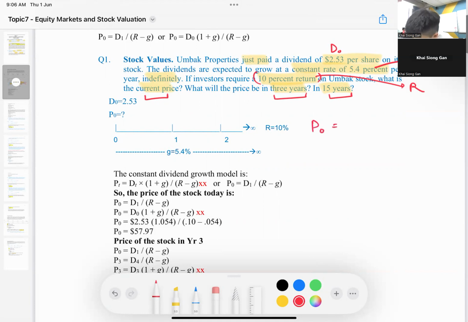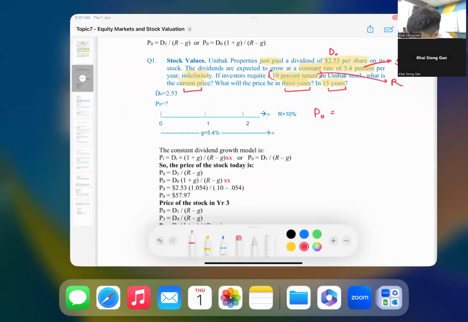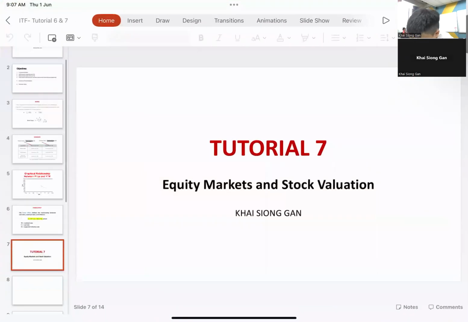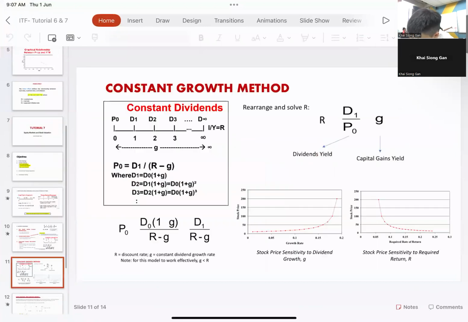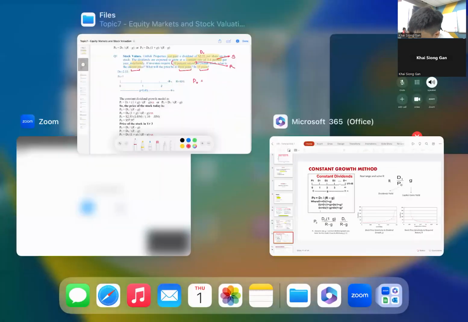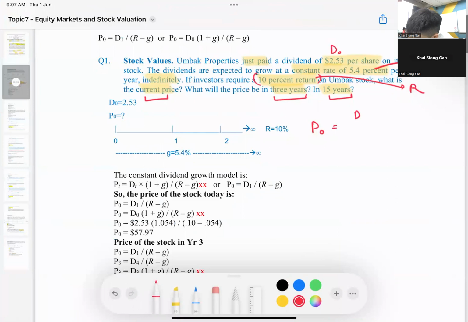P0 equals D1, sorry, D1 over R minus G. So I have to use the formula that we learned just now. How do I get D1?